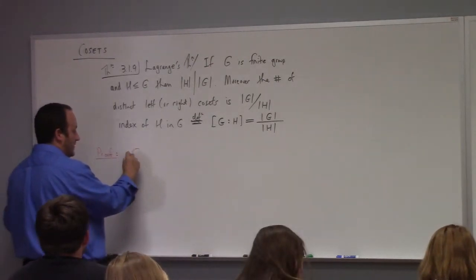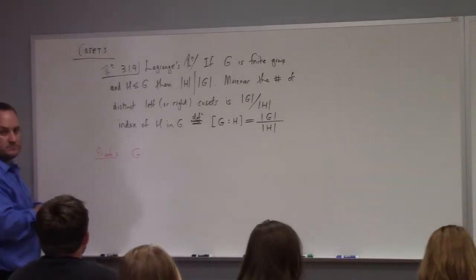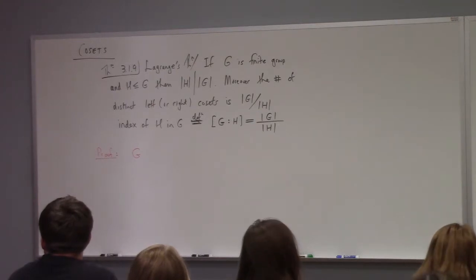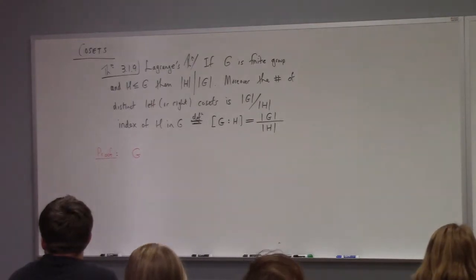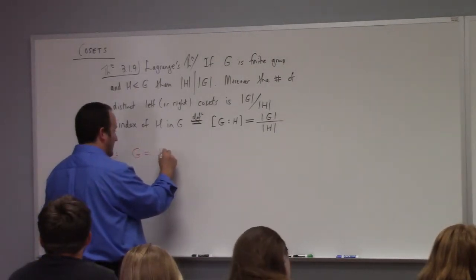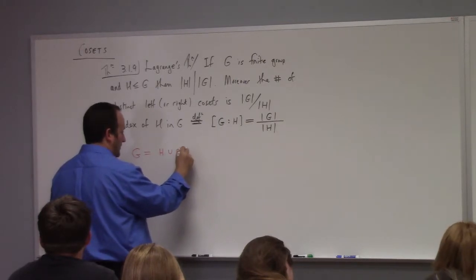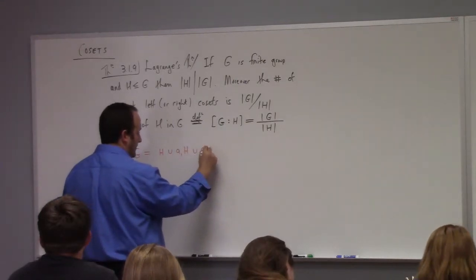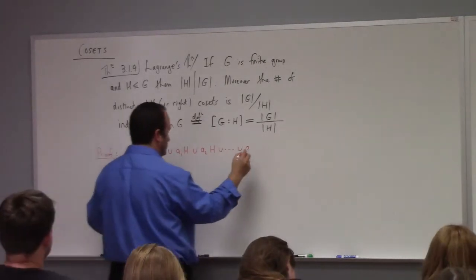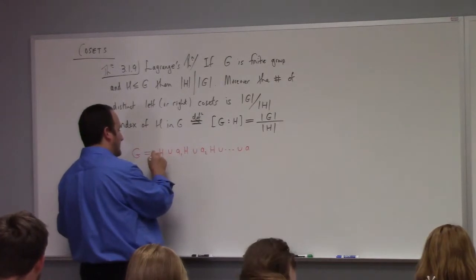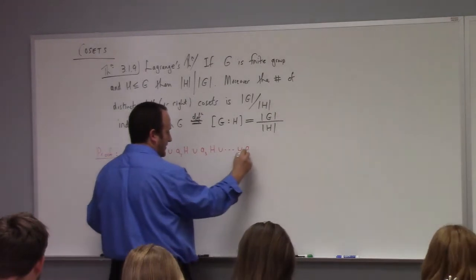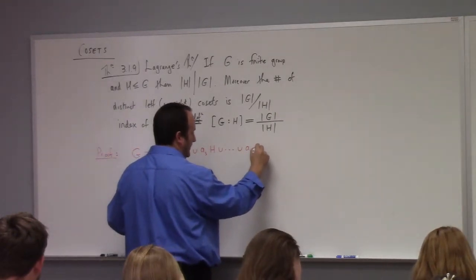So you look at G. It's a finite group. It's got a subgroup H. So that means G is H unioned with, say, A1H, unioned with A2H, unioned with A3H, and so on up to AkH, where the first is, if you like, EH.